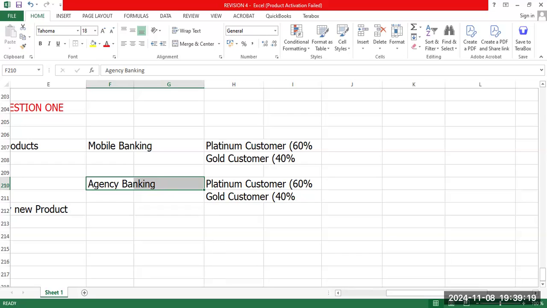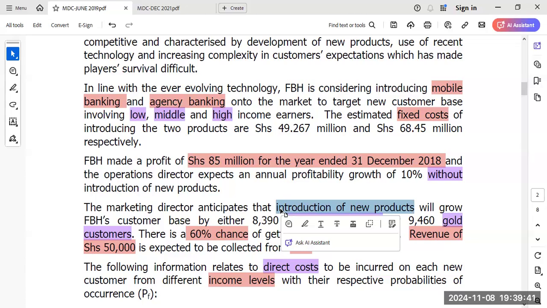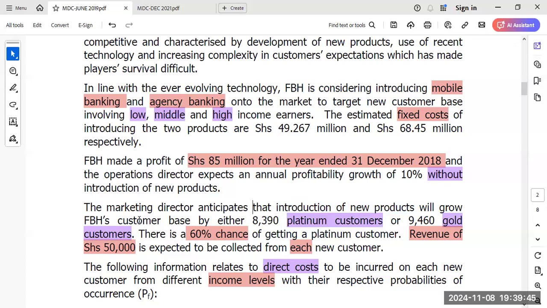Because when you analyze the question here, they said there is a 60% chance of getting a platinum customer. But before that, they are telling you that the marketing director anticipates that the introduction of new products will grow the company's customer base by either this figure or this figure.